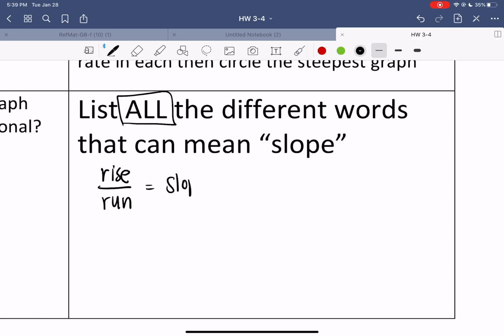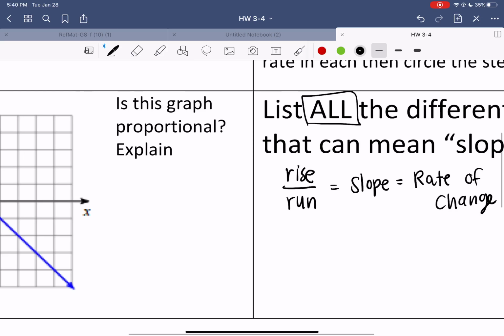Equals slope, which equals rate of change. And then there are more. So you're going to want to use your notes to look at those ones.